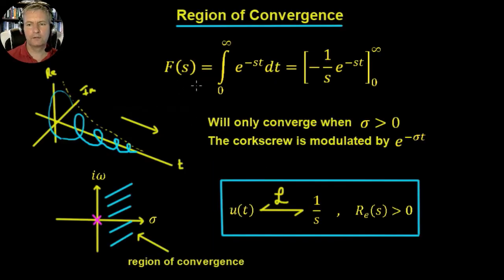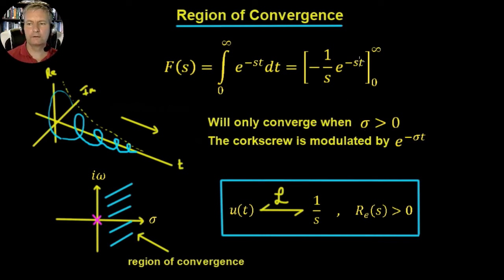So the Laplace transform of our function is going to equal the integral from 0 to infinity of e to the minus st dt. So when we do this integration, you get minus 1 upon s e to the minus st from 0 to infinity. Now we know from the last slide that this is only going to converge whenever sigma is greater than 0.